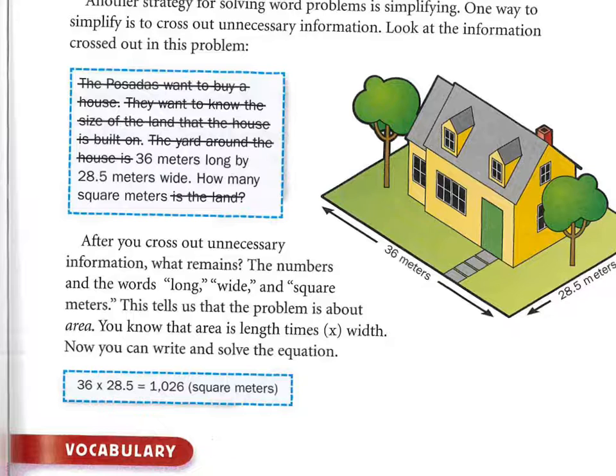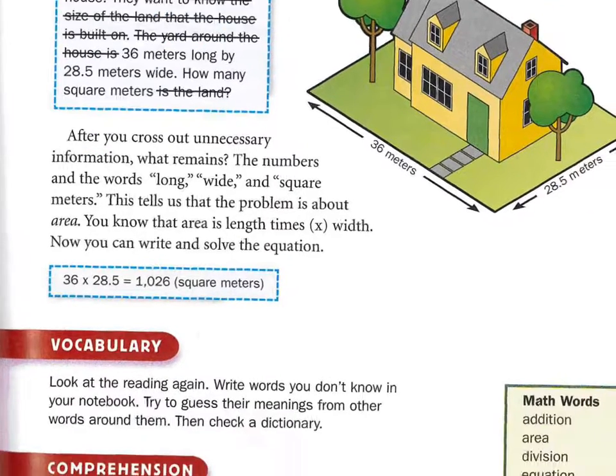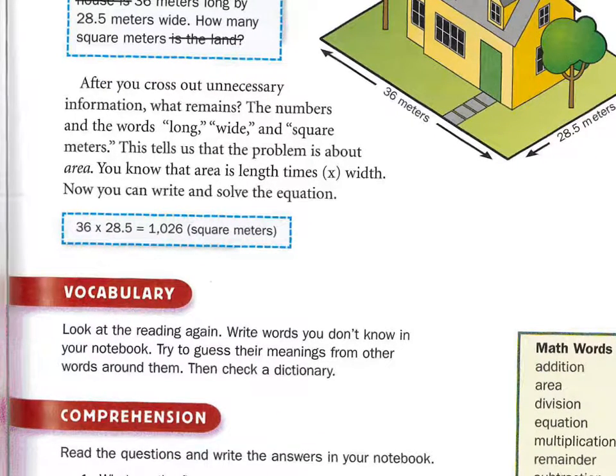So we have length times width, and that is called area. 36 times 28.5 equals 1,026 square meters. And you also know you can write square meters as meters squared.